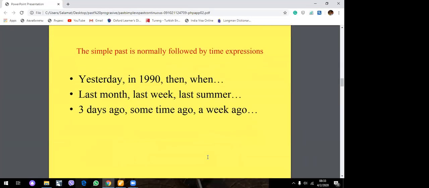Okay, in the simple past tense, we normally use time expression. What is the time expression?